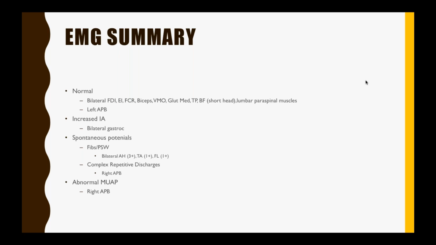So she had marked findings distal to the knee, and she had some chronic findings in the right APB. She had some complex repetitive discharges, which are seen in chronic neuropathy, and she had abnormal motor unit potentials in the right APB as well, polyphasics as well as increased amplitude.